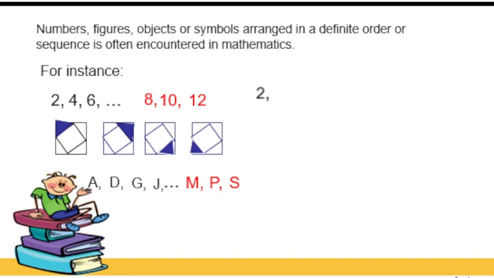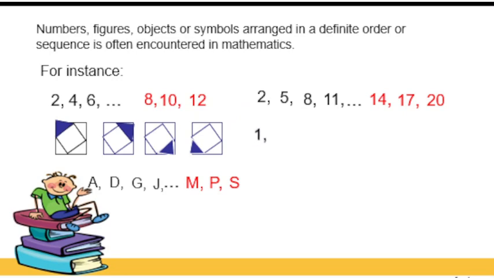Another, we have 2, 5, 8, 11, and the next three digits would be 14, 17, 20, and so on.